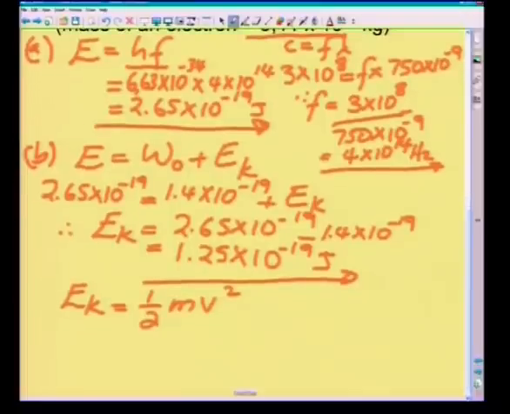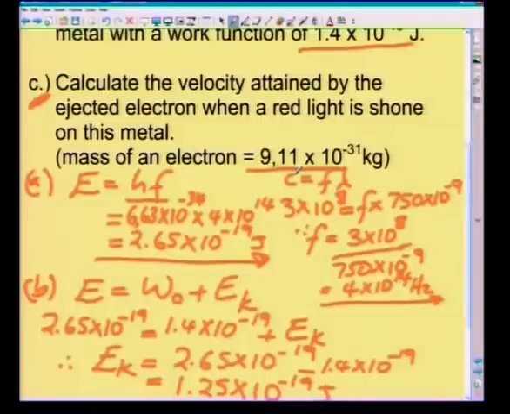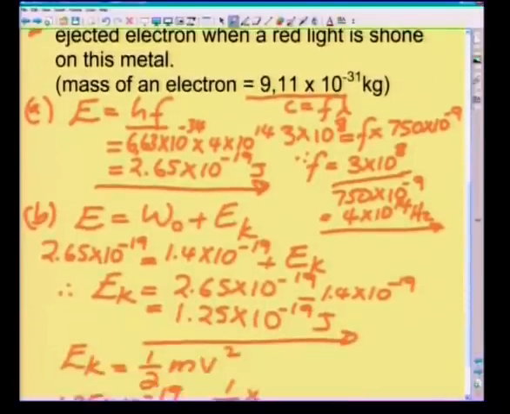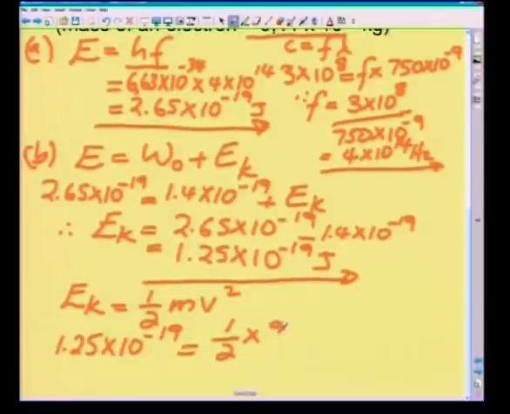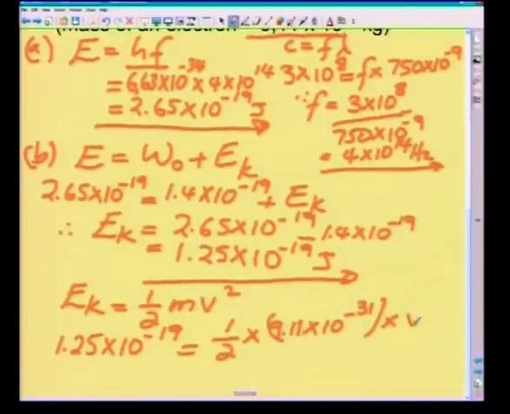So this EK, which is 1.25 by 10 to the power minus 19, should be equal to half times the mass of an electron. What is the mass of an electron? 9.11 by 10 to the power minus 31, not 13 actually, minus 31, okay? Then times V squared.